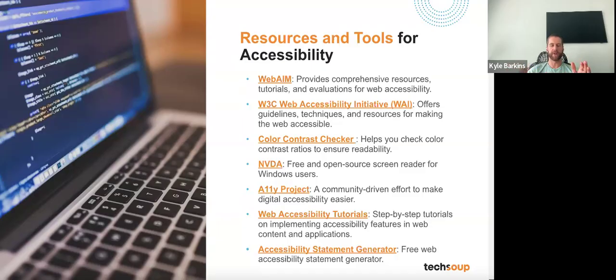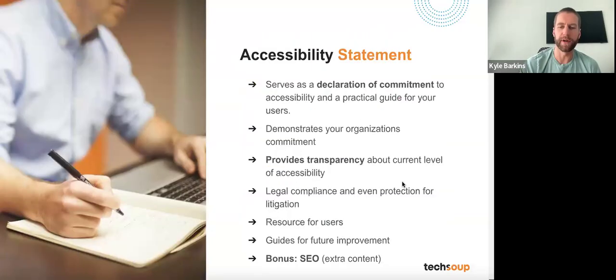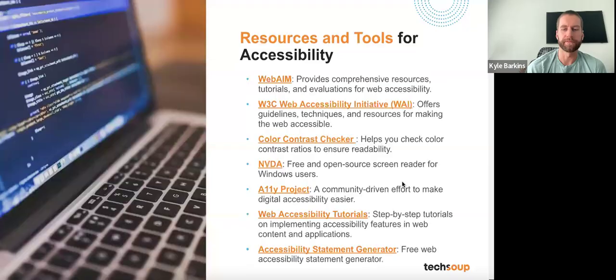I think it says here it only works for Windows users, and I think it still only works for Windows users. There are some other communities and tutorials, and then there's an accessibility statement generator at the bottom, which will get you a boilerplate version of this with your content in it.